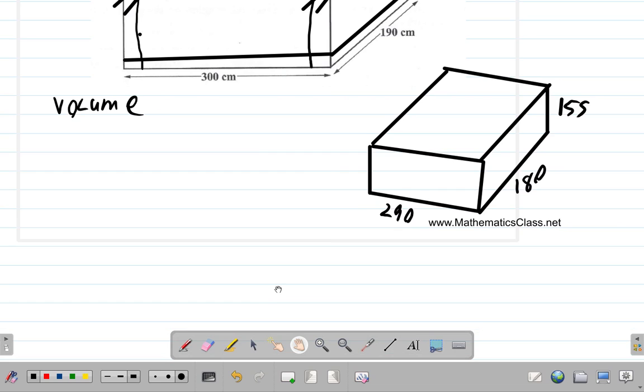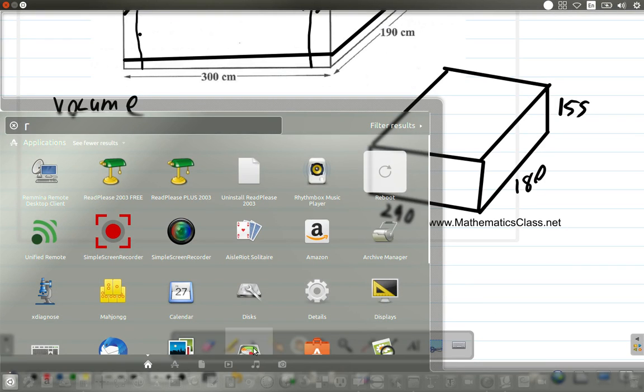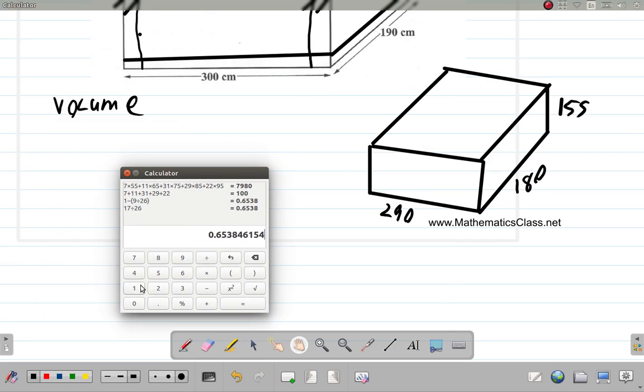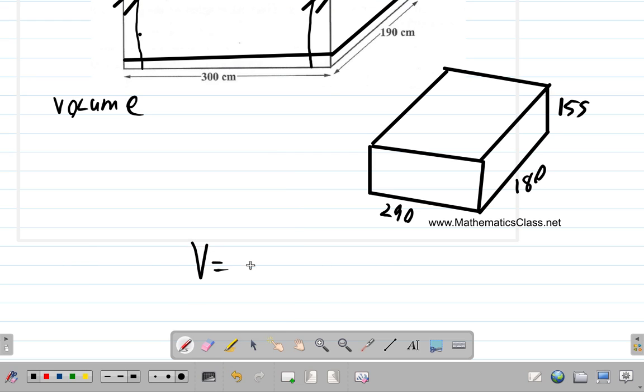So the volume would be 290 times 180 times 155 equals.